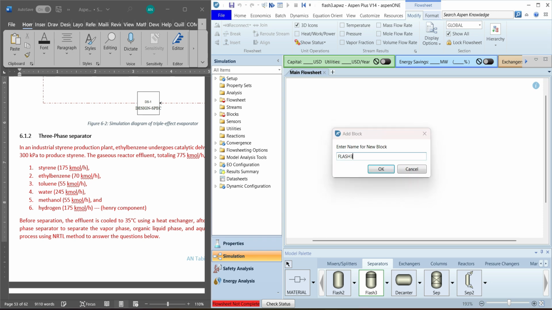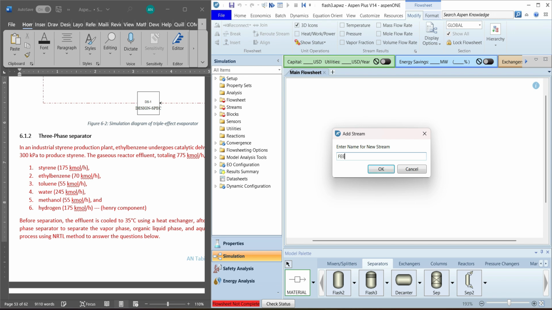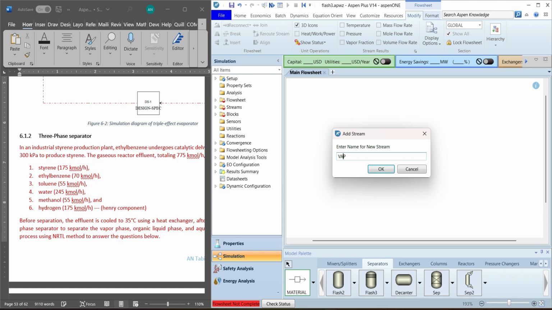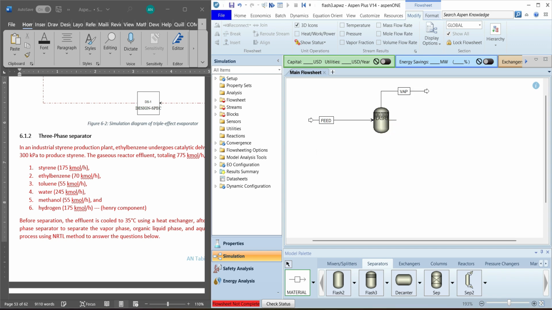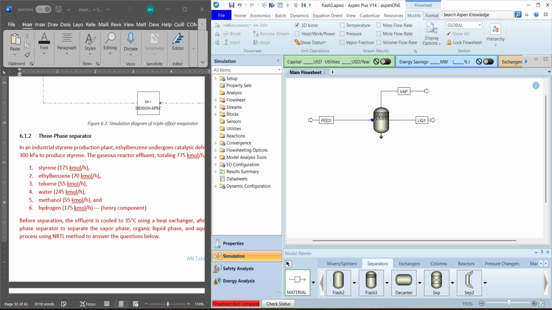We can name it any, let's say Flash3. We need one inlet material stream, let's call it feed, one vapor stream and two liquid streams, the first liquid and the second liquid.